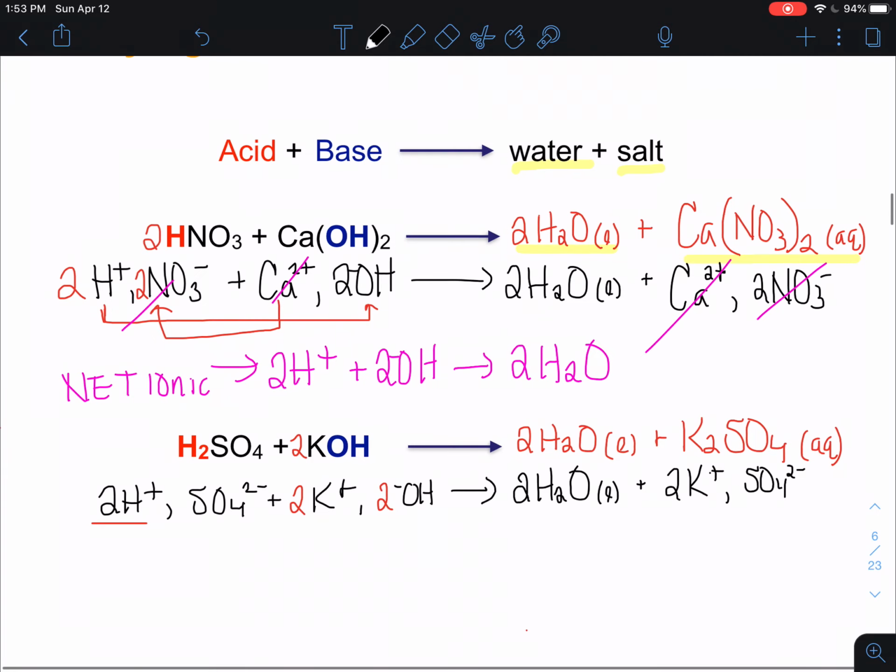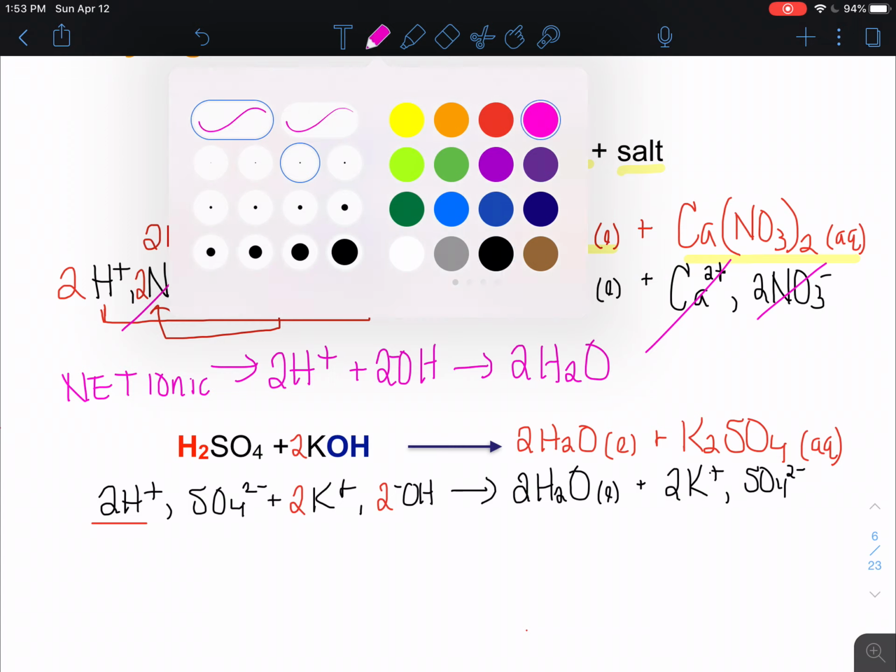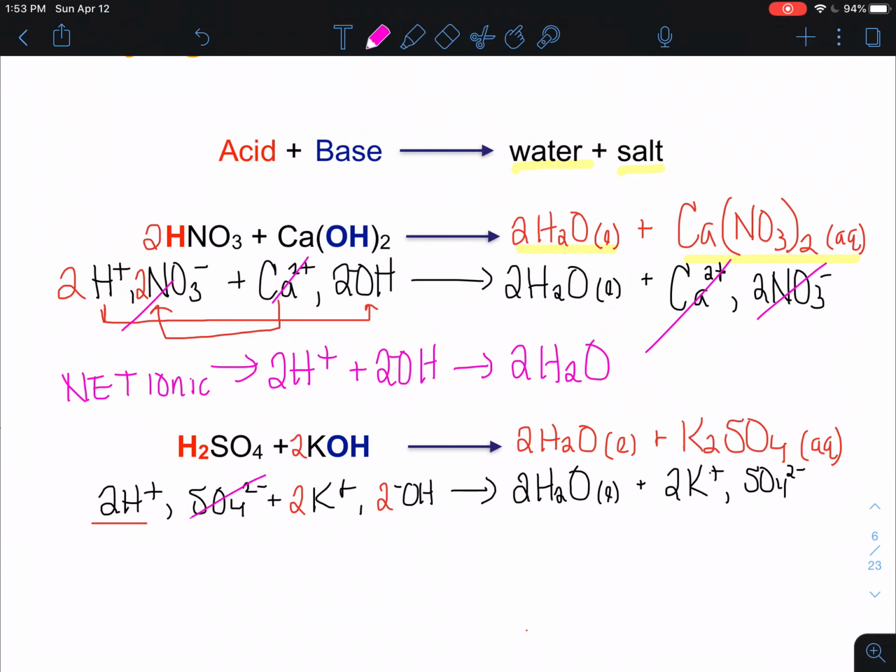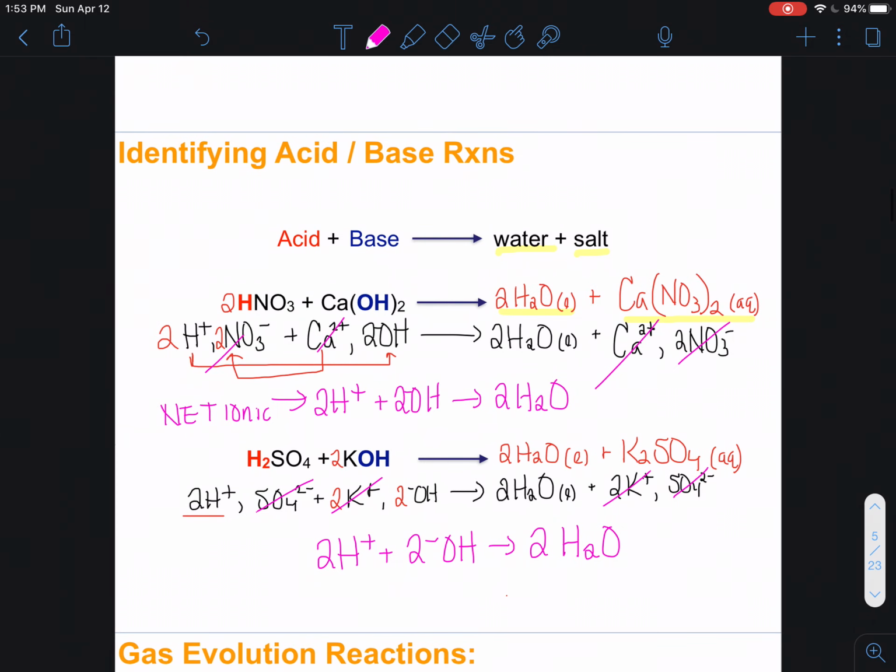Now I'm going to do my net, and I'm going to remove all the spectator ions. Which gives us, again, 2H+ plus 2OH- goes to 2H2O, right? And that's my net.